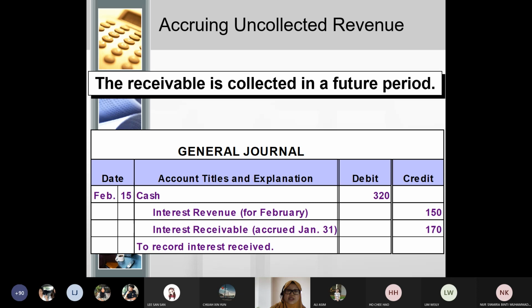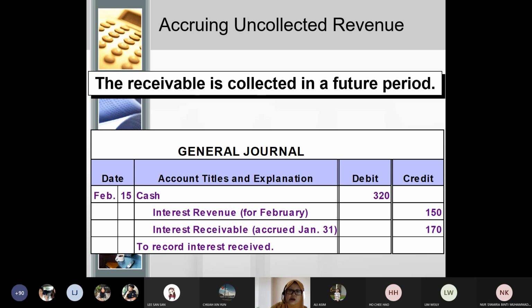So we received the cash in total is 320. The company received the whole 320 on 15 February. But remember, some portion is in the month of February, another portion in January. Because it's in the month of February, the 150 will be recognized as interest revenue.